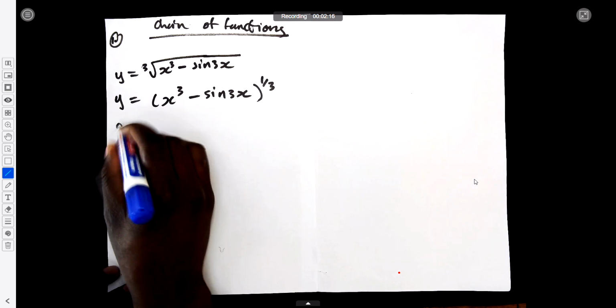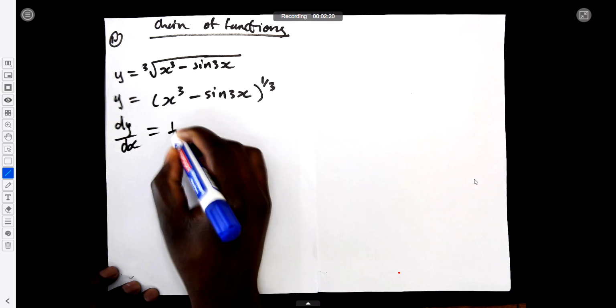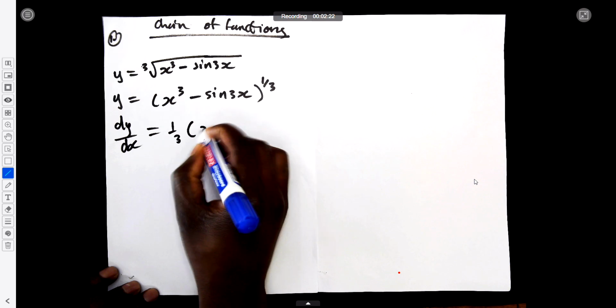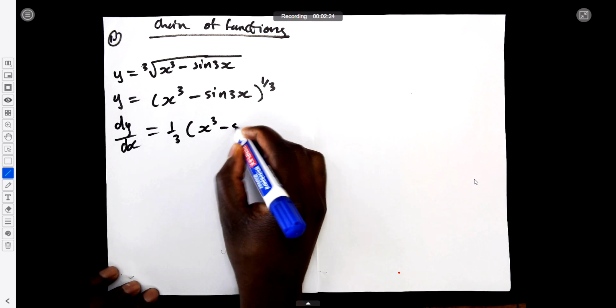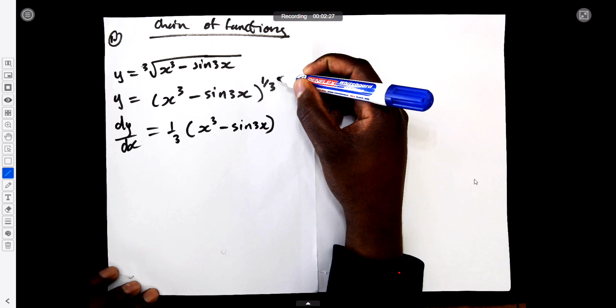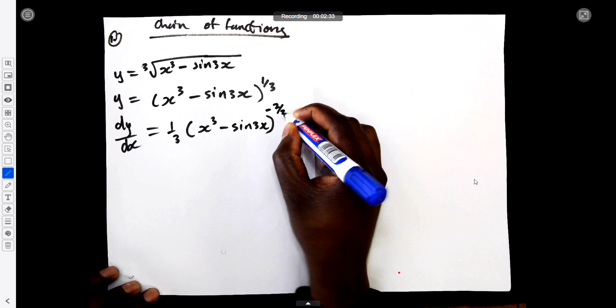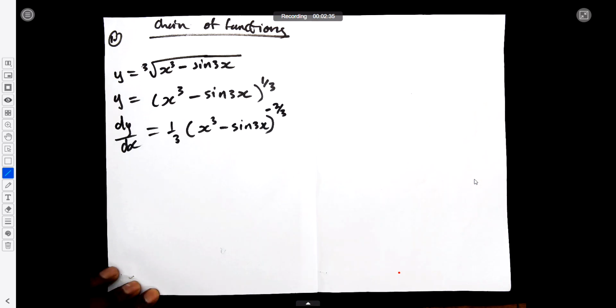So we know the derivative of that, dy over dx, is going to be equal to 1/3. Therefore, inside the bracket, x cubed minus sine 3x, we need to subtract 1 from the exponent, so it's going to be minus 2/3. So we are not done.